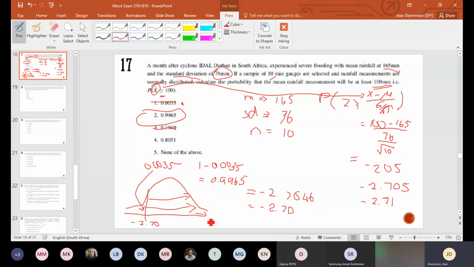So make sure one doesn't make that small mistake, because that small mistake will unfortunately give you an option to work with as well. Okay, happy with this one?